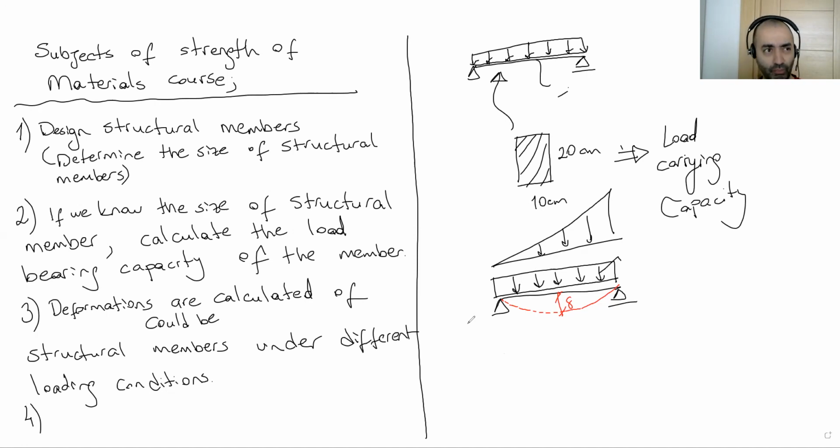Stability problems means if we use thin members for loads, our members make some deformations under loads, and suddenly the system fails and can't carry any more load. To avoid this type of problems in our structures, we make some stability checks.